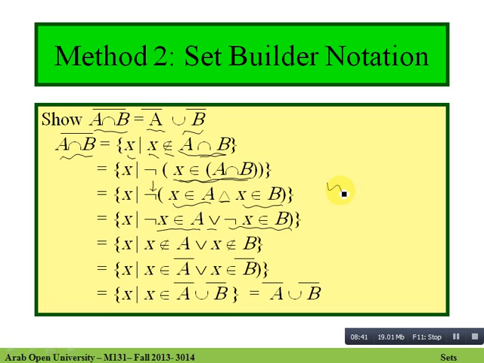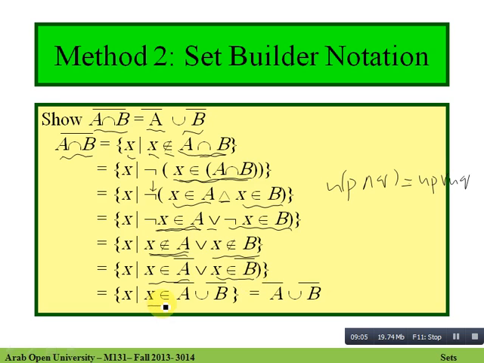It is again the same thing: not of (P and Q) is equal to not P or not Q. Then not of X belongs to A means X does not belong to A, or X does not belong to B. If X does not belong to A, then X belongs to A complement, or X belongs to B complement.